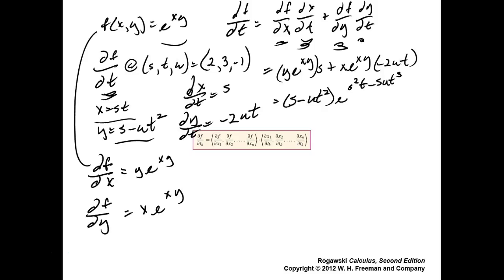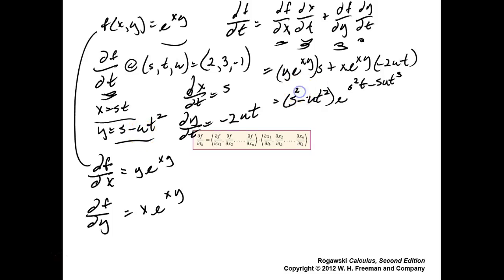That was the s minus ut squared, e to the that, and then I'm going to multiply all this by s again.